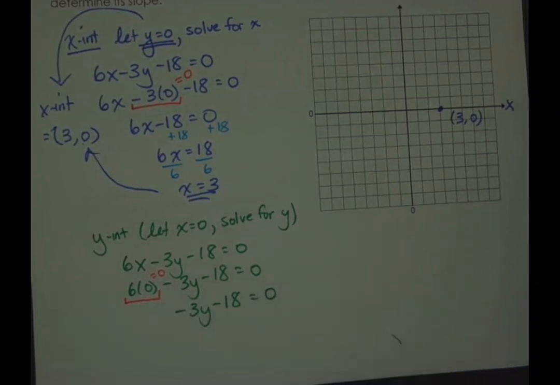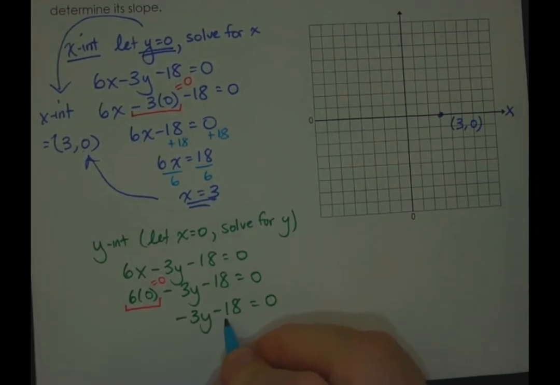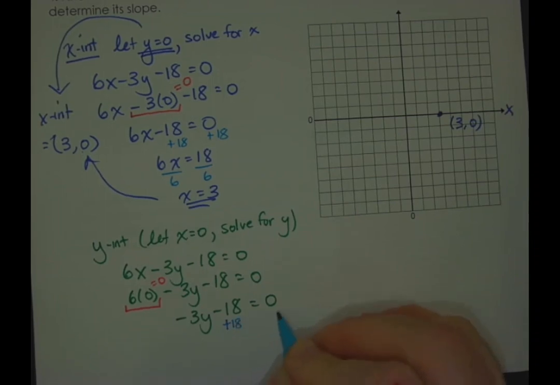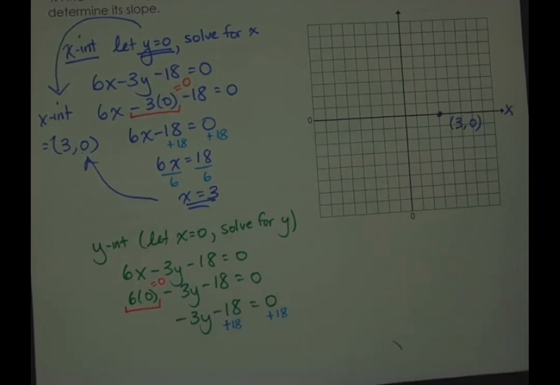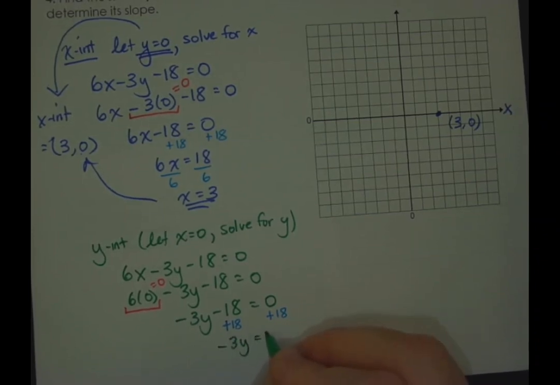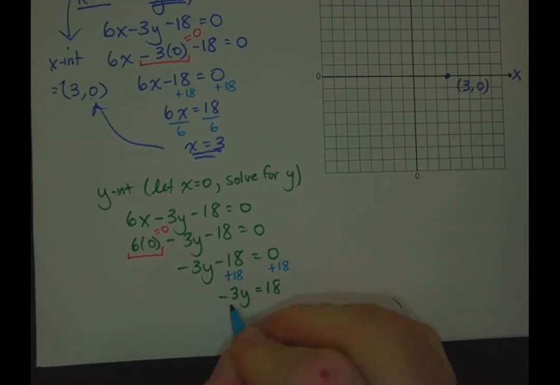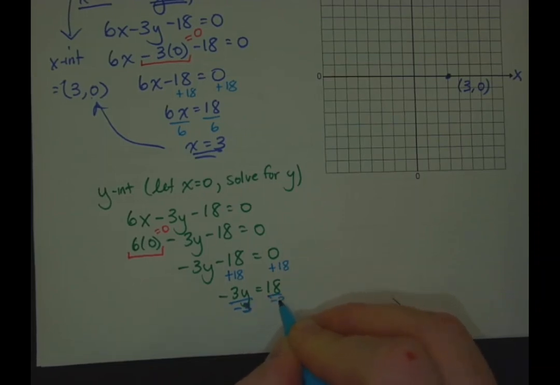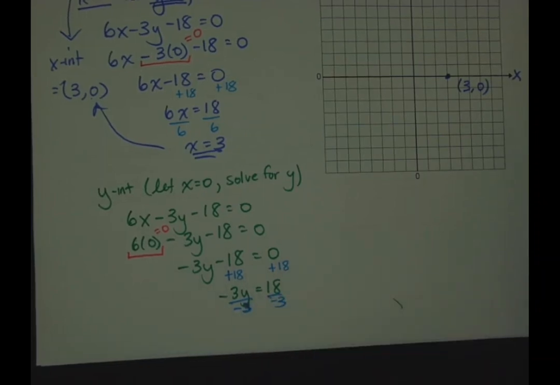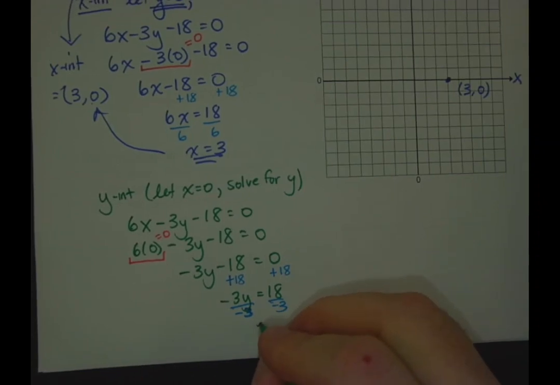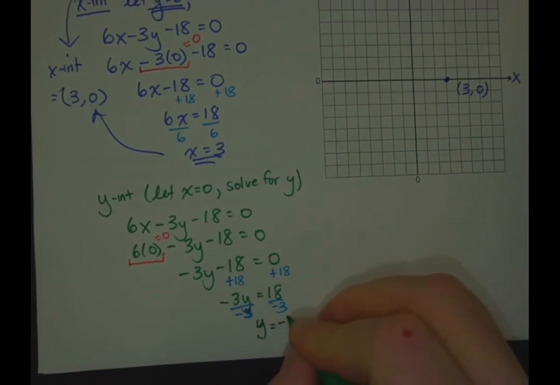Now I can use my algebra skills. I'm going to make this a 0 pair, so I have to do the equivalent on the other side. And then I need to isolate y, so I'm going to divide by -3. So y equals -6.